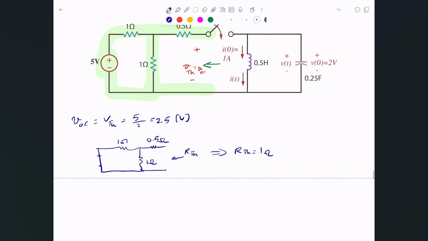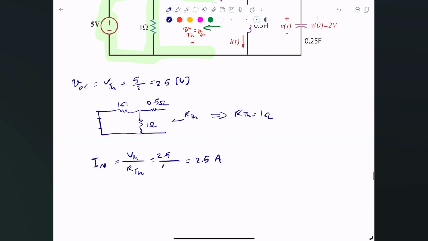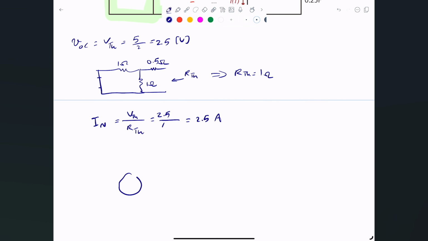All right, we have everything we need to figure out the Thevenin equivalent circuit, or maybe I'll compute I Norton, which is the same as I short circuit. It's just simply V Thevenin divided by R Thevenin, and that basically is 2.5 divided by 1, which is 2.5 amps. Okay, so let me redraw that circuit. So now this circuit should be drawn in the following way.